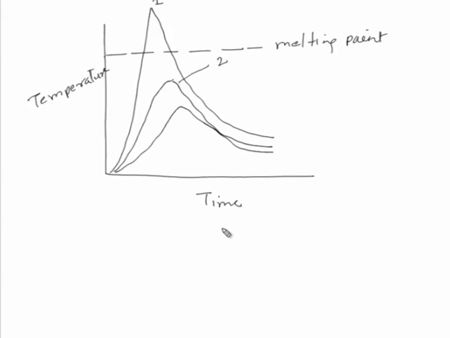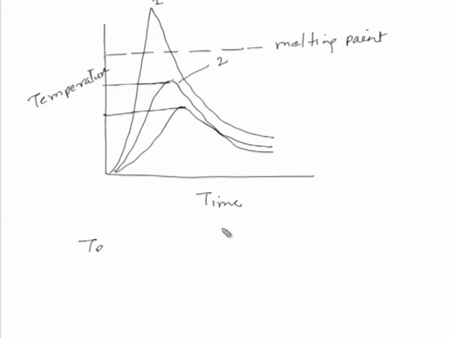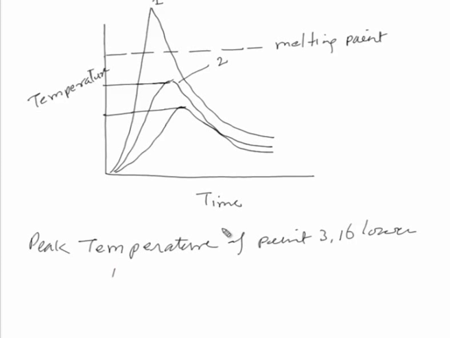But point 2 is subjected to a peak temperature somewhat lower than the fusion point or the melting point, and point 3 is further subjected to a lower temperature. So, if we compare, the peak temperature of point 3 is lower than that of point 2.